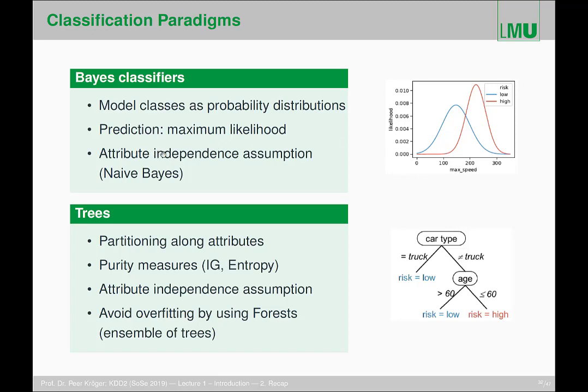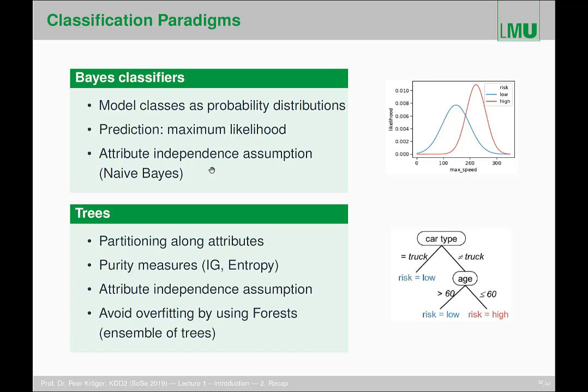And as you may remember, Bayes classifiers have the problem in higher dimensional spaces that fitting the probability distributions is not so easy. So to make it computationally feasible, we had this attribute independence assumption, where we assume that the attributes, the features, are independent of each other, which in practice is very often not the case.